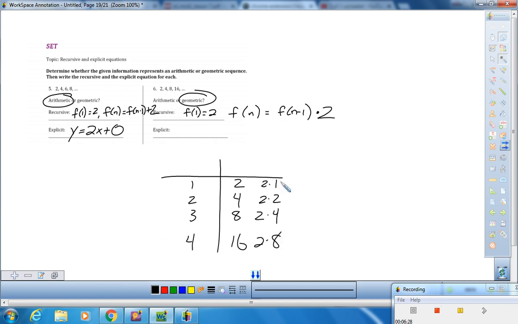Okay, well, this is 2 to the 0. 2 to the first, 2 squared, 2 cubed. So now I see the pattern.